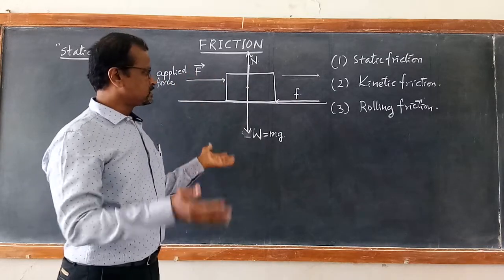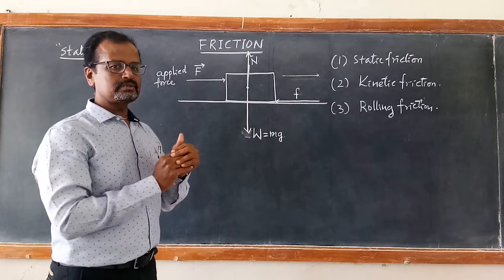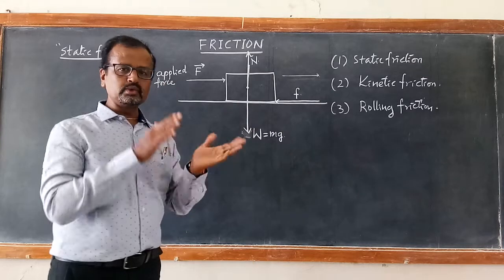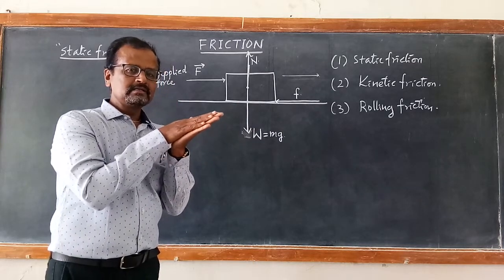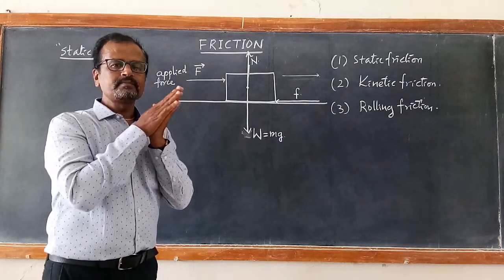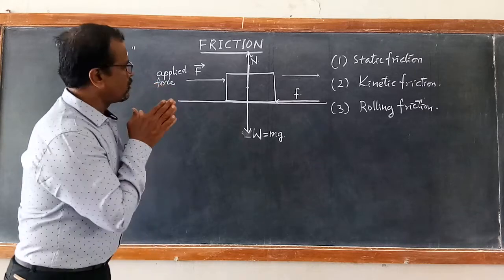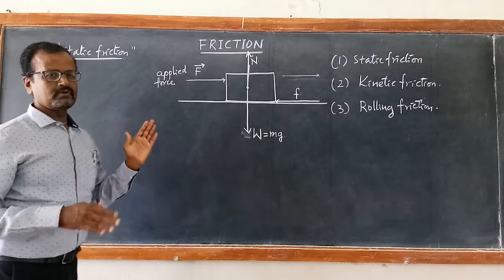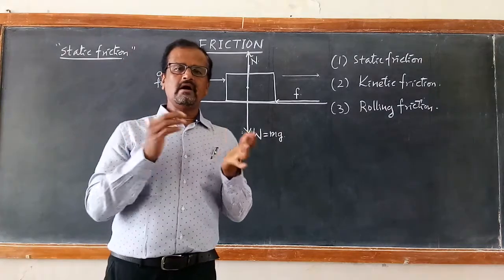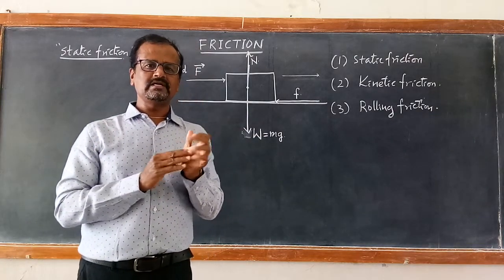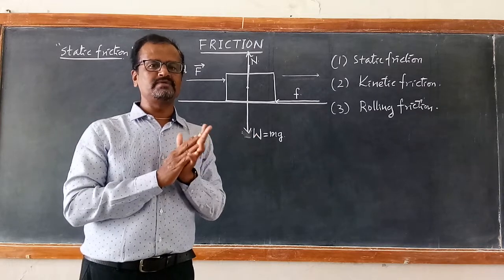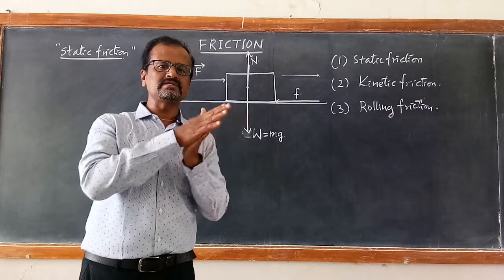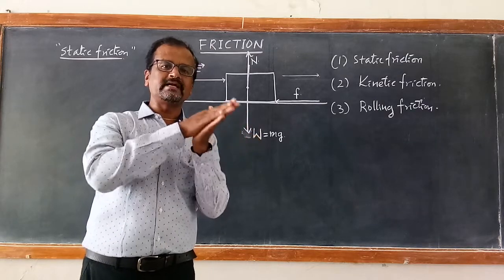But since there is an opposing force exerted between the two surfaces in contact, that force is called frictional force. Now, this static friction is the opposing force which resists the motion of the object and which is exerted between the two surfaces in contact when the body is still at rest.